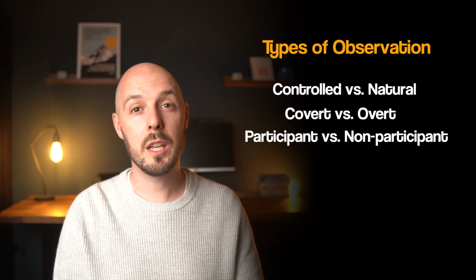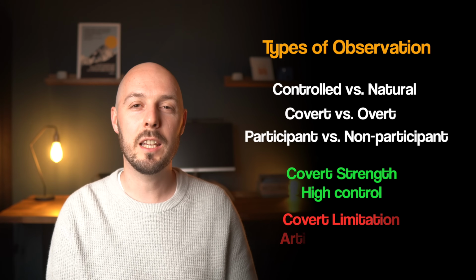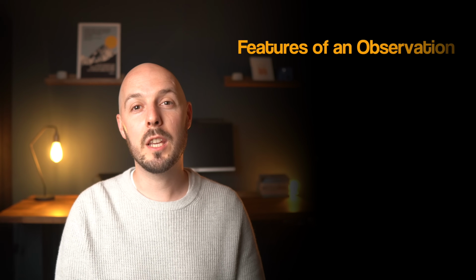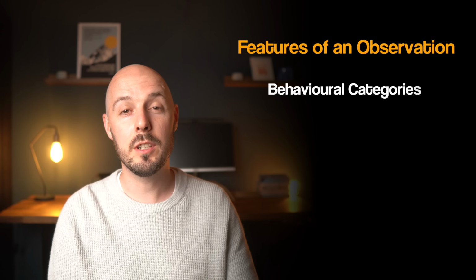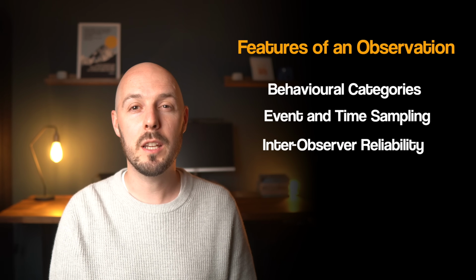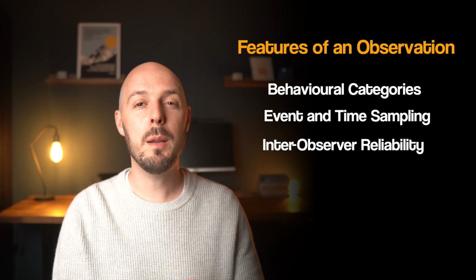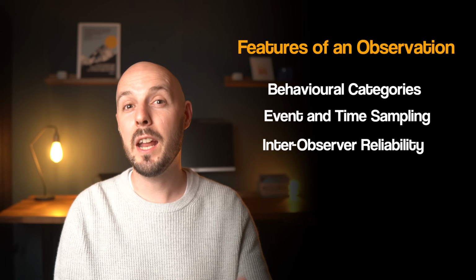And secondly, I'm thinking about the strengths and limitations of observations: high control but lack ecological validity. I'm also thinking about what makes an observation, such as behavioural categories, event and time sampling, as well as inter-observer reliability.